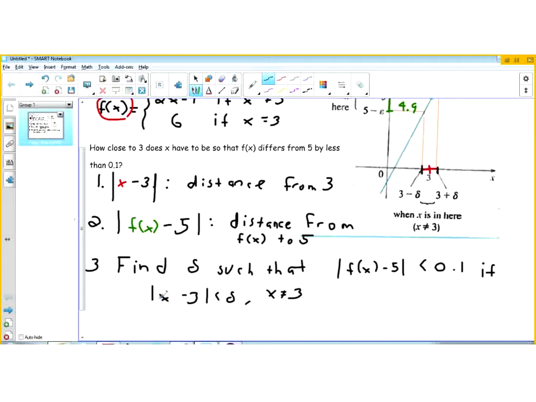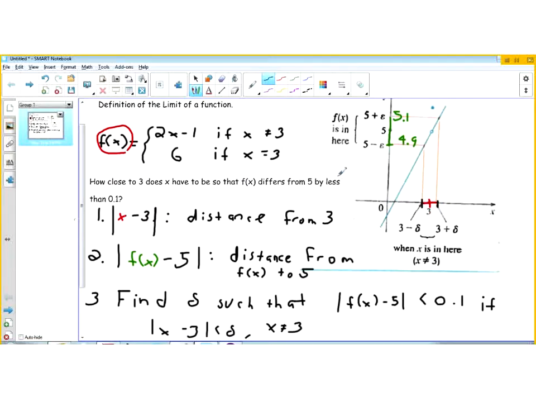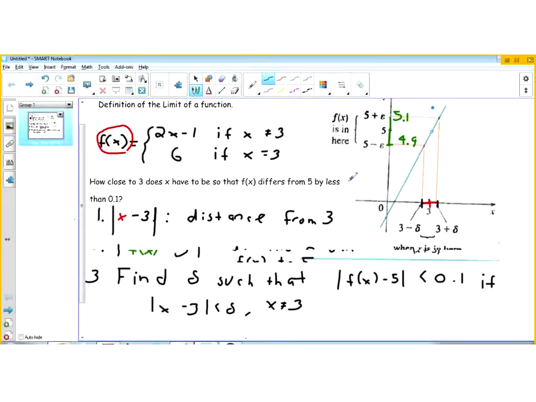In other words, I have a choice. I have a prescribed set of x values I can choose, namely those x values on this red line interval. If I choose my delta correctly, I have the largest possible set of values of x, so that when I take any value of x from that set and plug it into my function f of x, then my f of x will never stray more than 0.1 units from 5.